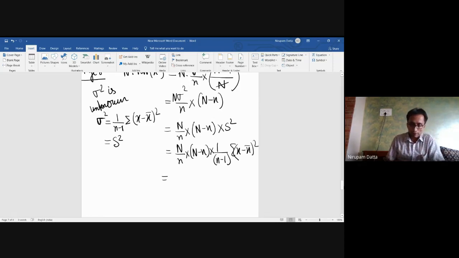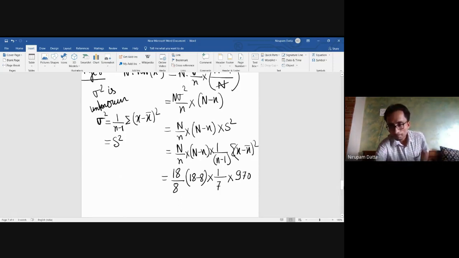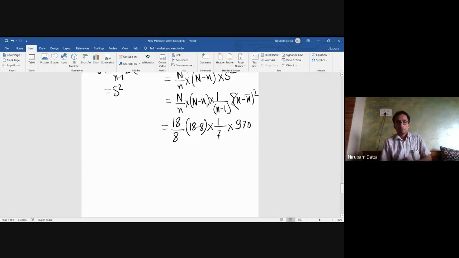So capital N is now 18, small n is 8. So this is 18 minus 8 into n minus 1, that is 8 minus 1, 7. And this term is 970. So simplifying further, 18 by 8 into 10 into 1 by 7 into 970.